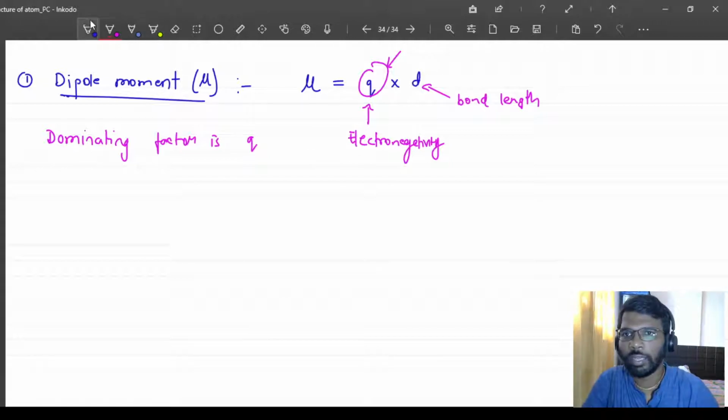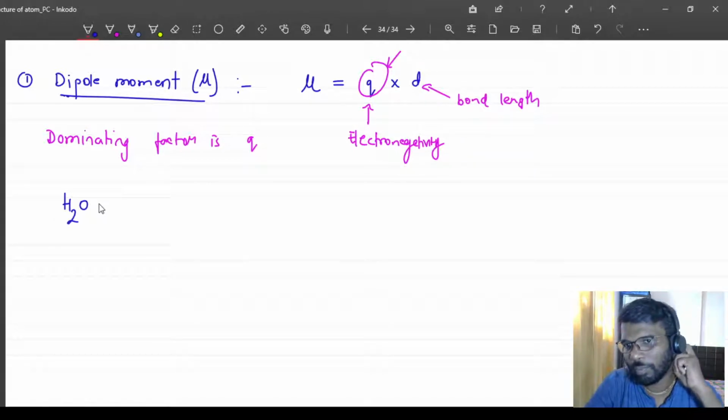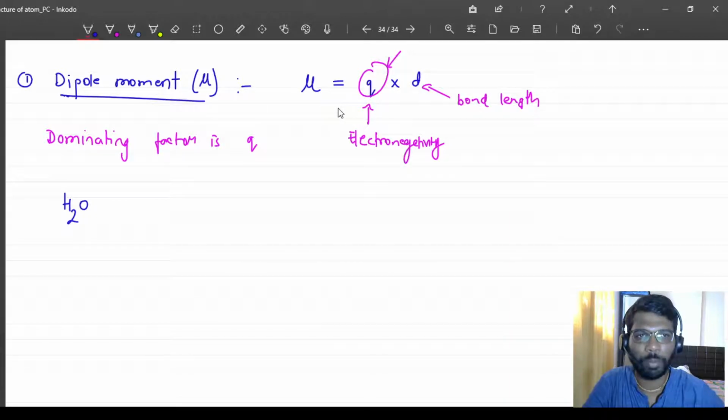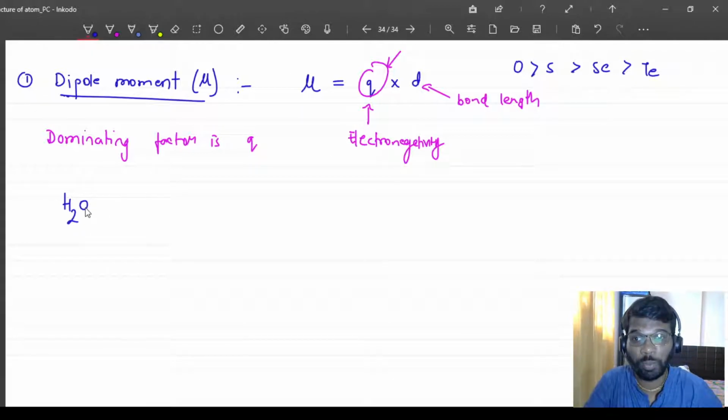If you want to write the dipole moment comparison, then in H2O, oxygen is the highly electronegative element compared to the other elements of the group: oxygen, then sulfur, then selenium, then tellurium. Since oxygen is comparatively more electronegative, there will be charge separation, more in the case of water.